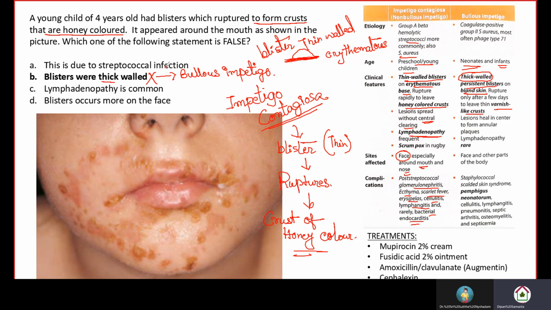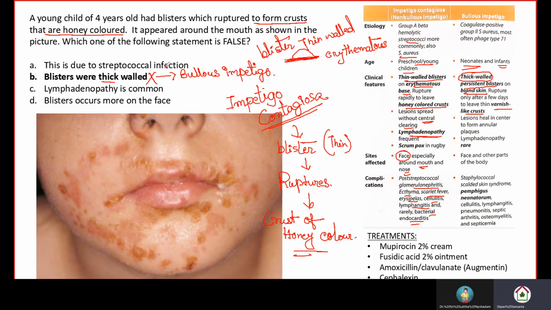Bullous impetigo most commonly occurs in neonates, the first 28 days, and infants, not in preschool or young children. Non-bullous impetigo contagiosa occurs in young children.